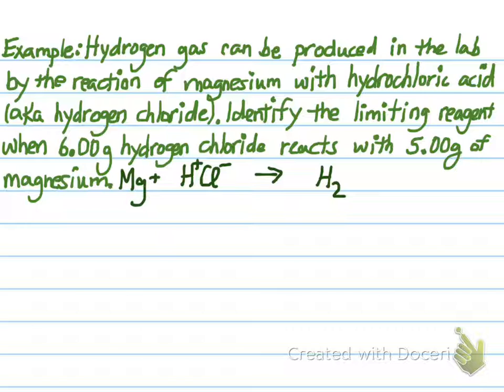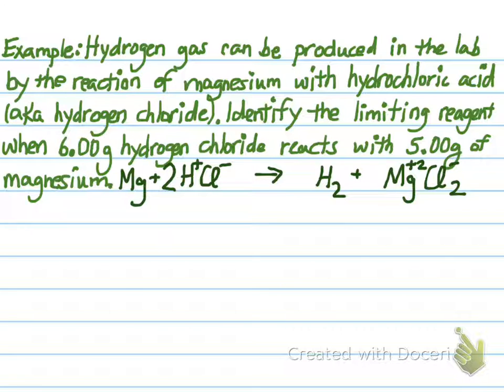So the other product isn't mentioned here, but when I'm balancing my equation, I need it because it's going to be important. And that's going to be magnesium and chloride, which is an ionic compound, so Mg +2, Cl -1, so it's MgCl2. So to balance this, I need a coefficient of 2 on my hydrogen chloride.